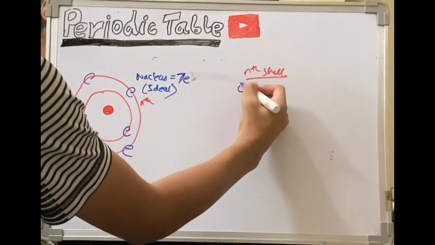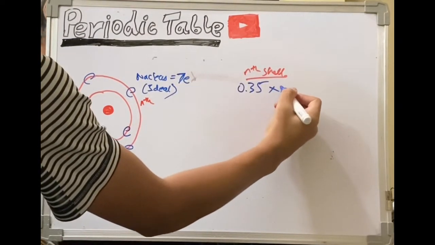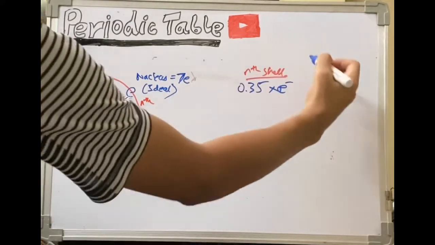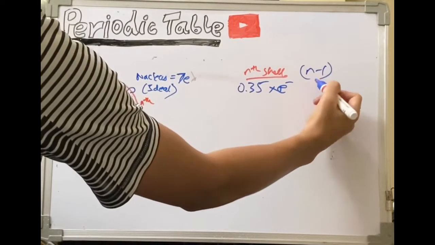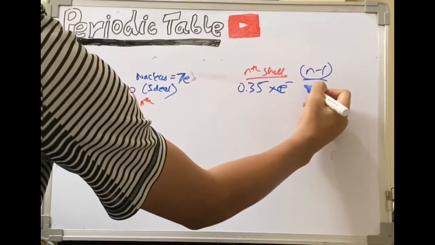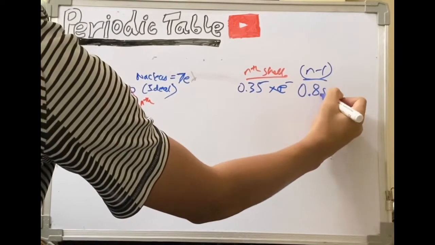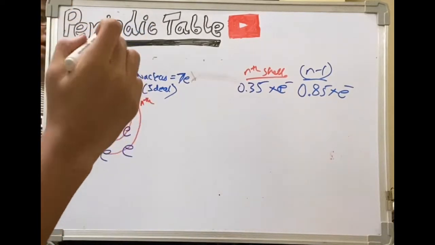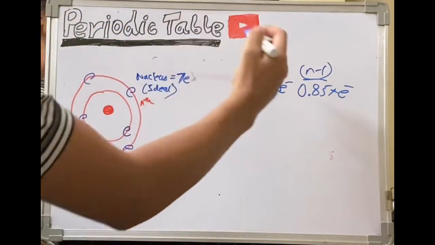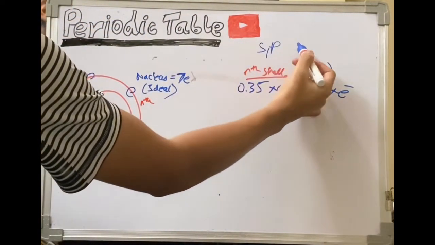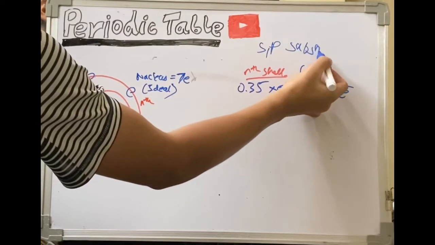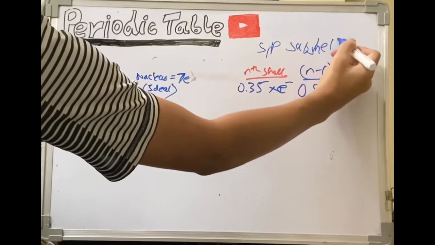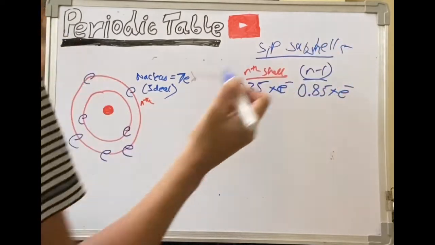So it will be 0.35 into the number of electrons, and for n minus 1 it will be 0.85 into the number of electrons. Here, in the nth shell, this is only applicable for S and P subshells. So we will first study the S and P subshells.